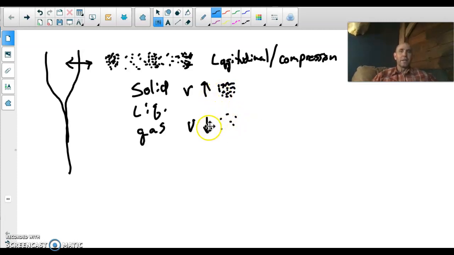The time delay for one molecule to bump into another molecule in a gas is more noticeable, so therefore the speed is slower, where there's very little time delay for one molecule to bump into another molecule for that sound to propagate. So speed is faster in a solid and slower in a gas, and liquid being the middle.